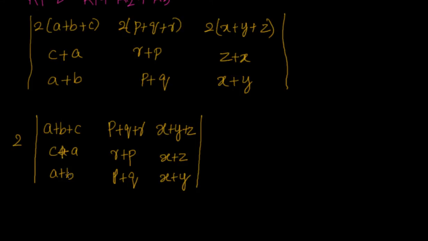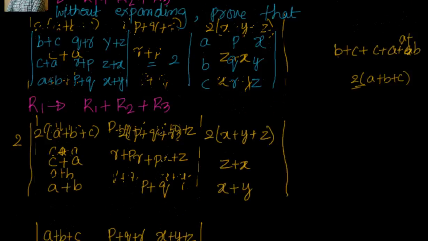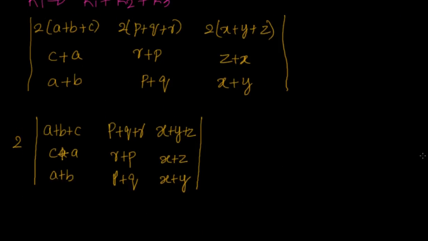Similarly, if I do R1 minus R3, I will get b and c here respectively. That is what I want. So what I will do now is apply R2 is assigned R1 minus R2, comma R3 is assigned R1 minus R3.